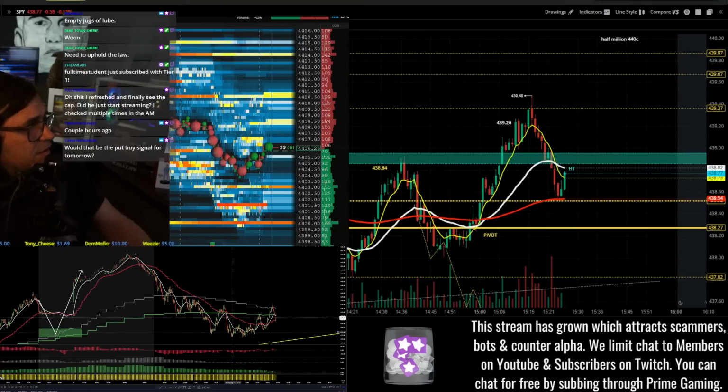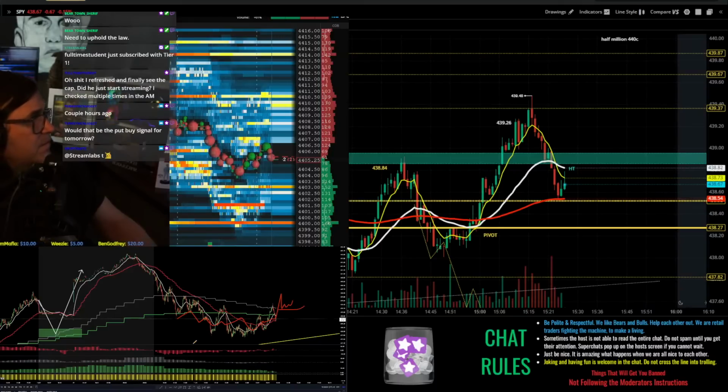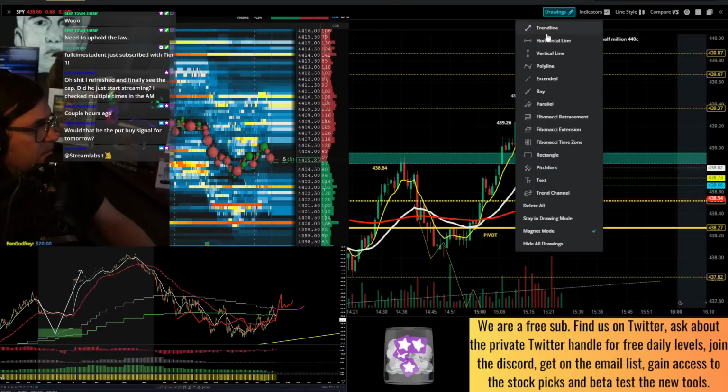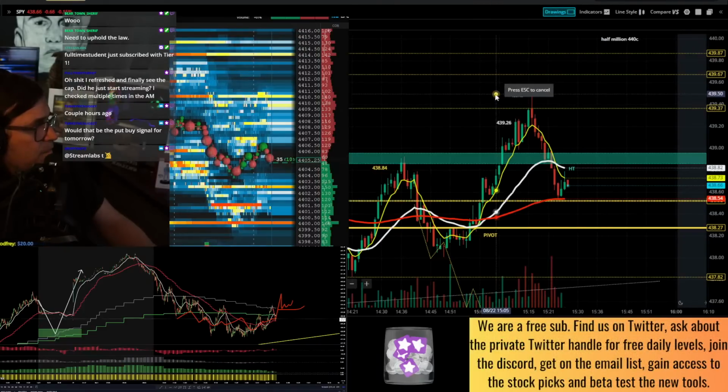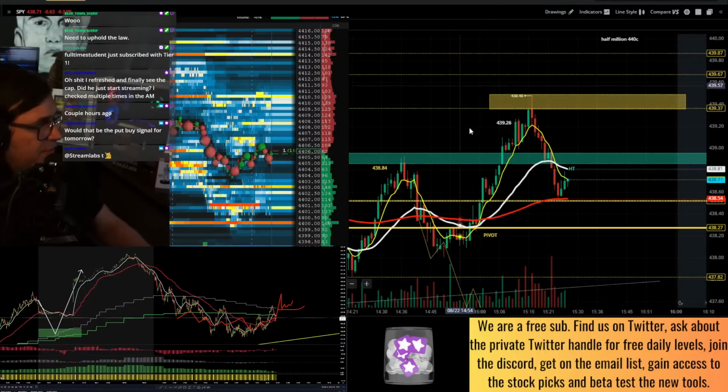All this structure looks good. This all looks good to go up, but the fact that price isn't up here is a problem. Price needs to be closing above. Price needs to close above this yellow right here. No closing above this yellow, no good for bulls.